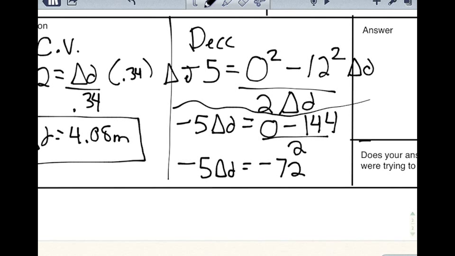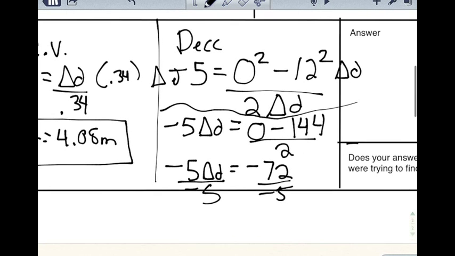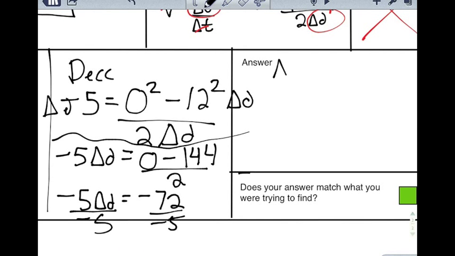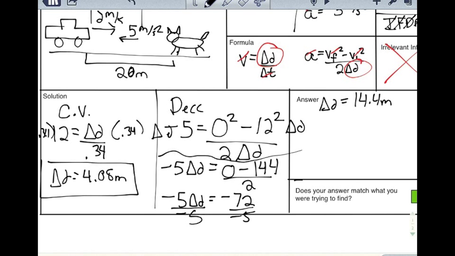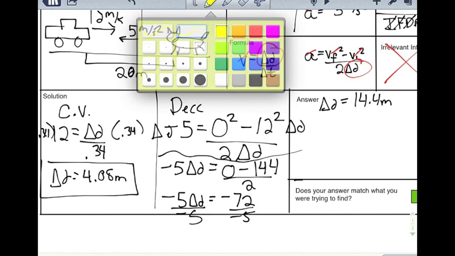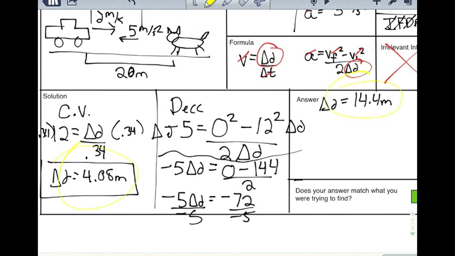Okay. Once you do that, you can now start to solve for this. You divide both sides by -5, and when you divide both sides by -5, you end up with a displacement of 14.4 meters. So now you have these two distances right here. Remember, we were trying to solve for the total distance. So we actually need to take these two distances and add them together.